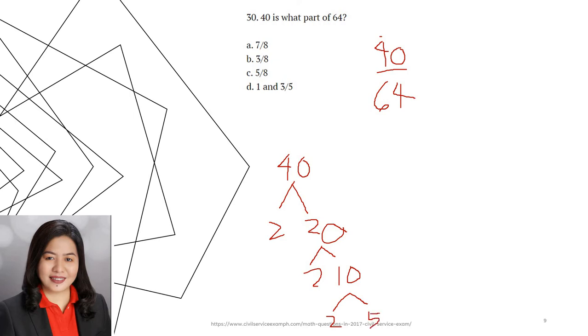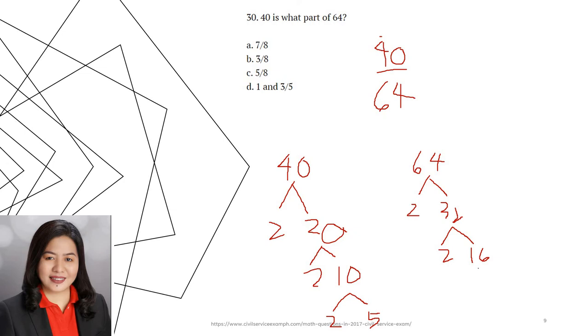Well, 64 can be factored to 2 and 32. And 32 is 2 and 16. And 16 can still be factored.